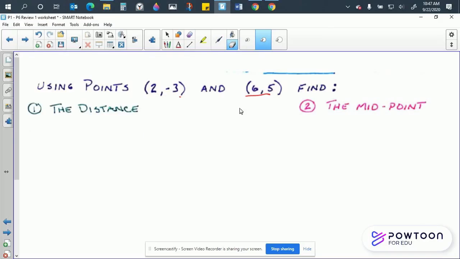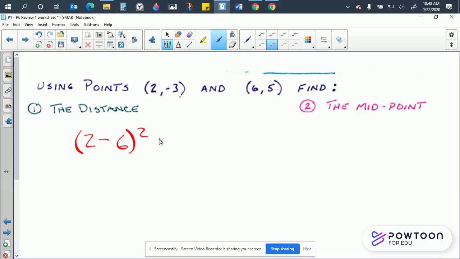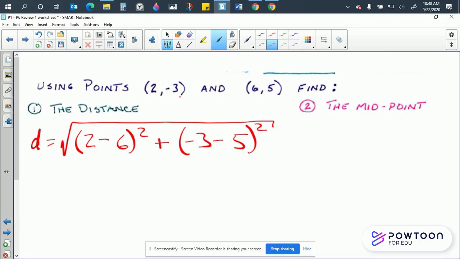Okay, to find the distance between these 2 points, we are going to take x minus x squared plus y minus y squared, and the distance equals the square root of all of that. And remember, it's just your Pythagorean theorem: a squared plus b squared equals c squared.